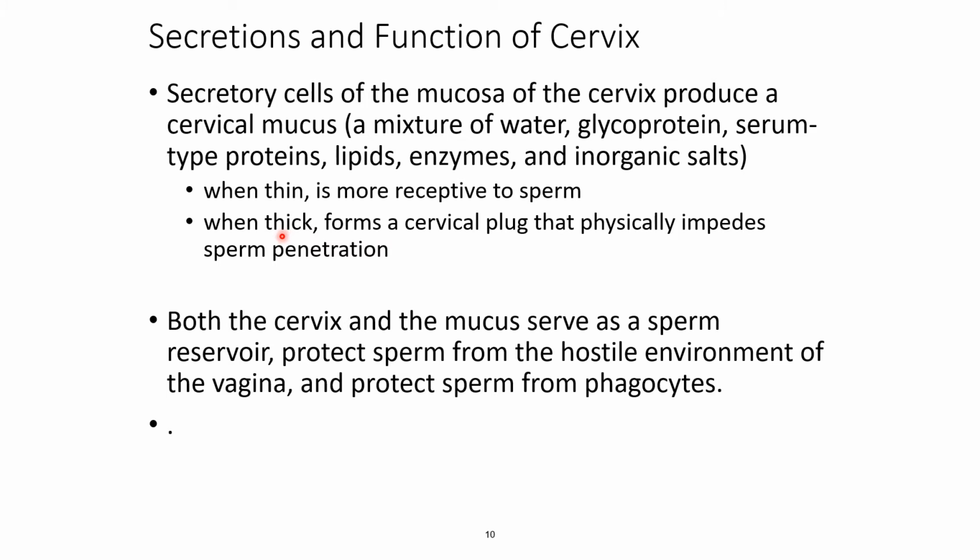The appearance of this mucus is whitish, and this forms again under the command of the hormone progesterone. We'll see that the second half of the female reproductive cycle comes with high progesterone secretion, and throughout the entire pregnancy a cervical plug forms that prevents sperm movement to the uterus and the uterine tube.